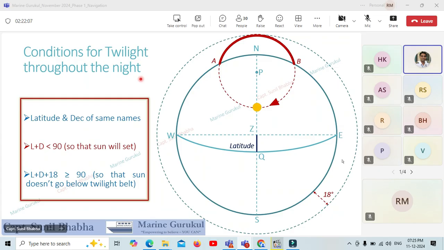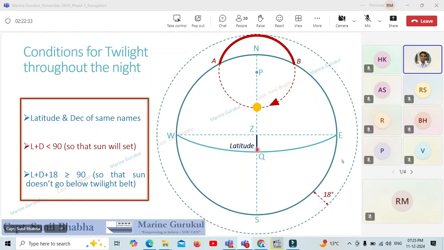Let me explain with the help of this diagram what is meant by the term twilight throughout the night. We have taken a particular observer, we have shown the rational horizon for this observer, and we have shown the 18 degrees twilight zone also, going to an altitude of up to minus 18.